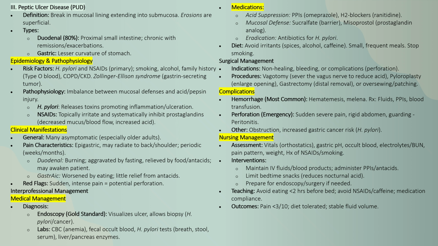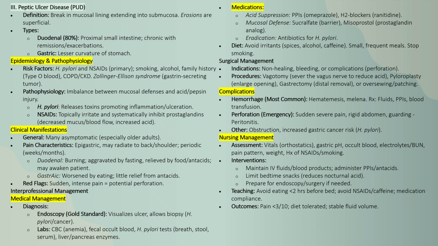The medical management: the diagnosis is based on clinical presentation, but requires differentiation from other conditions. Upper GI endoscopy is the preferred method for confirmation, allowing for biopsy to rule out H. pylori or cancer.